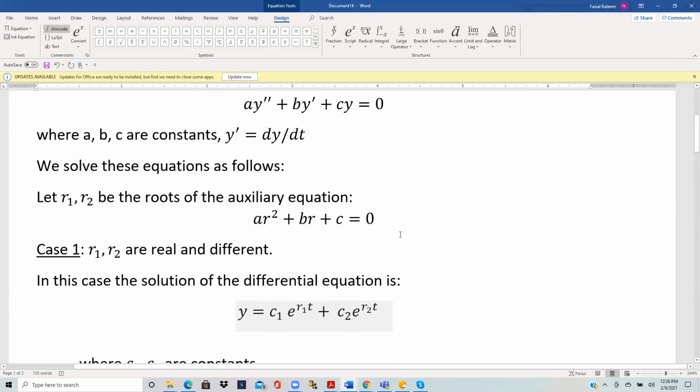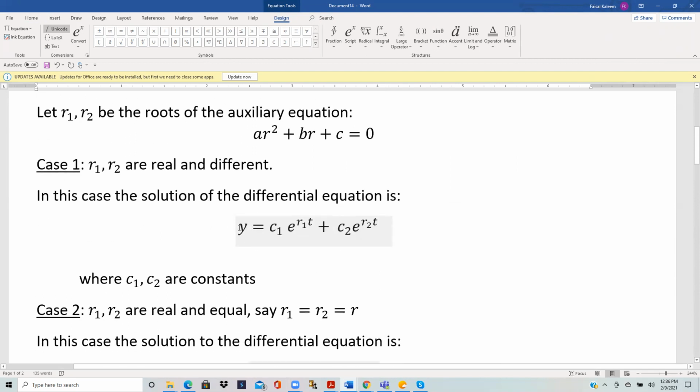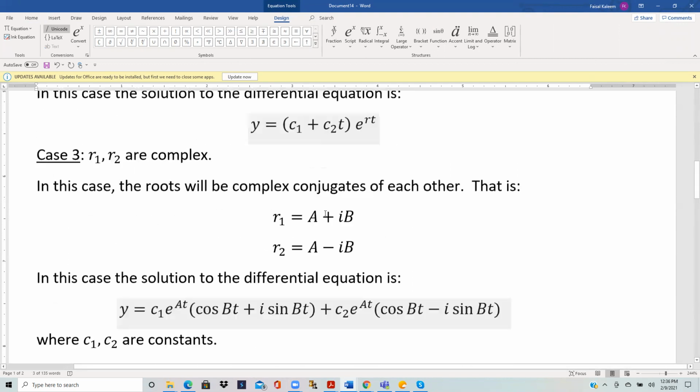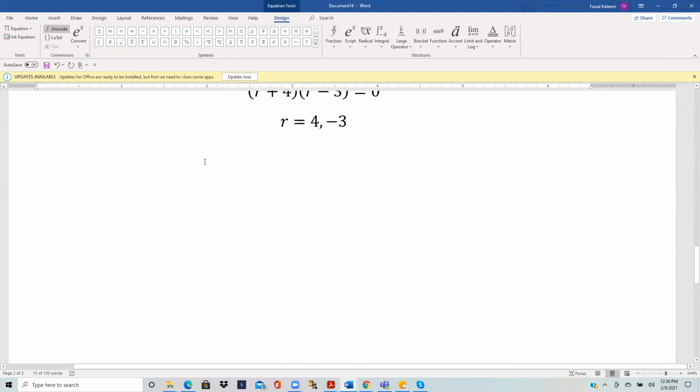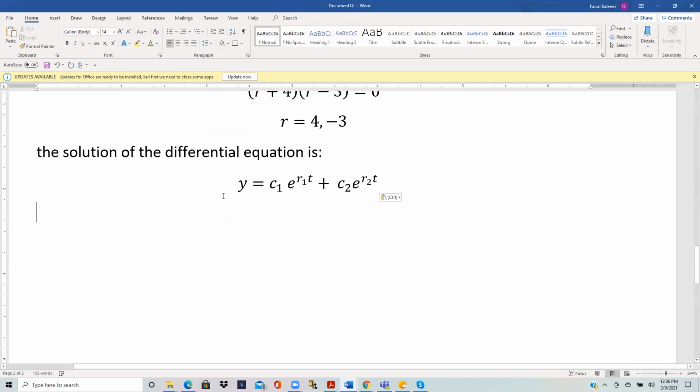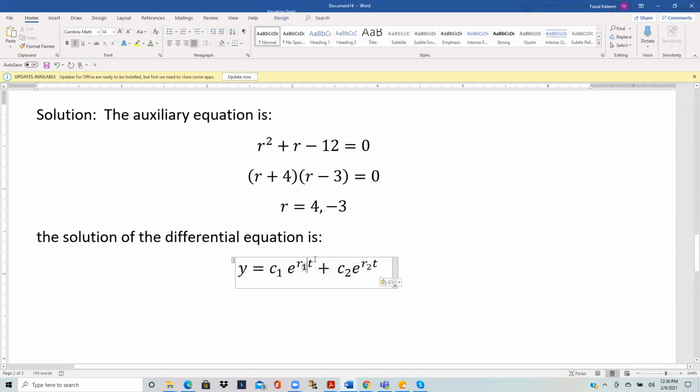So remember this one, this is case 1, the roots are real and different. So in this case, the solution is c1 e power r1 t plus c2 e power r2 t. It doesn't matter which root is r1, the order doesn't matter.